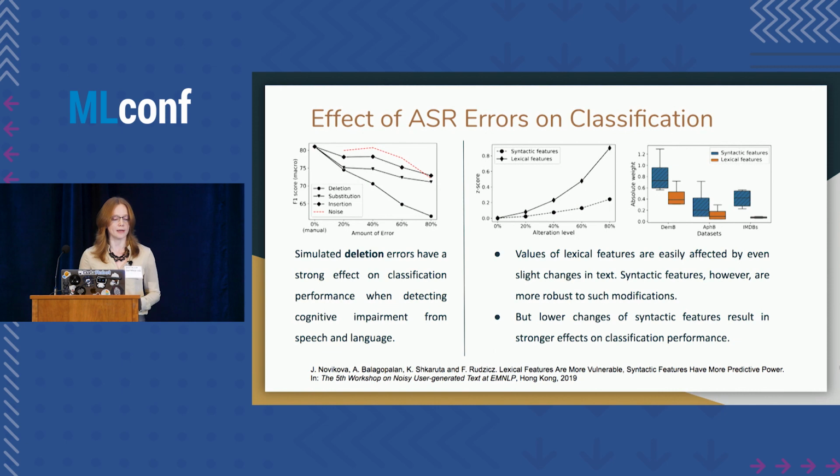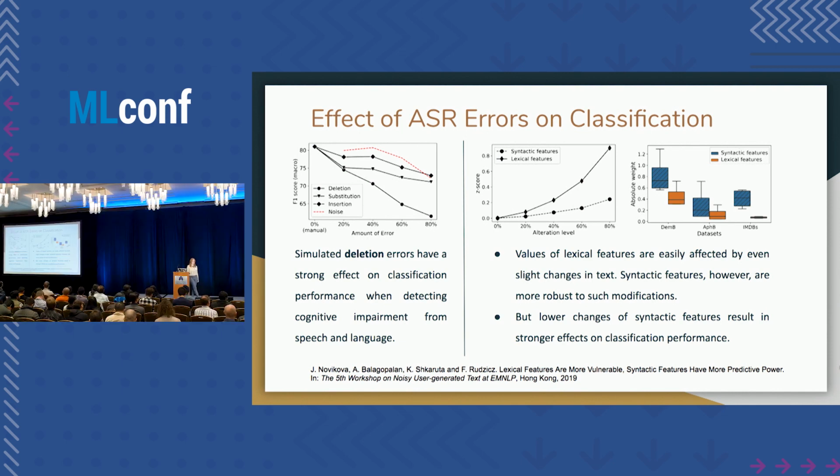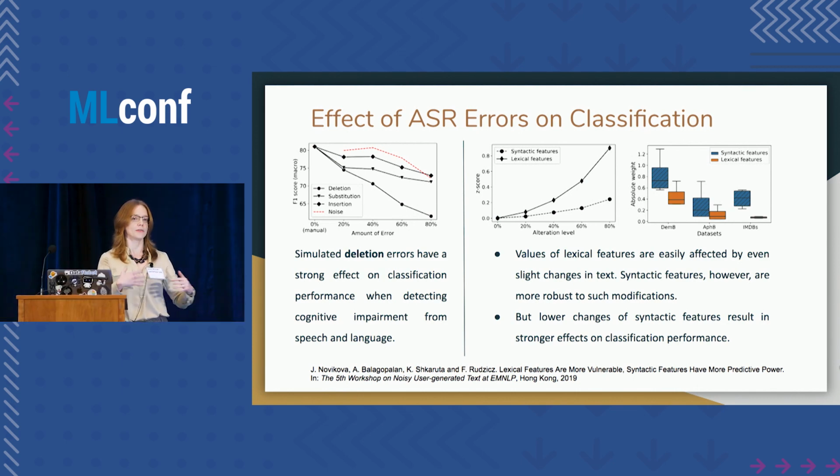So why does this happen? We tried to analyze it in a little more detail, and we realized that when we add artificial deletion errors to the transcript, we can compare how this affects the level of change in syntactic and lexical features.